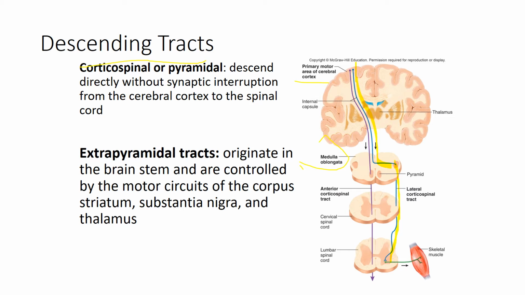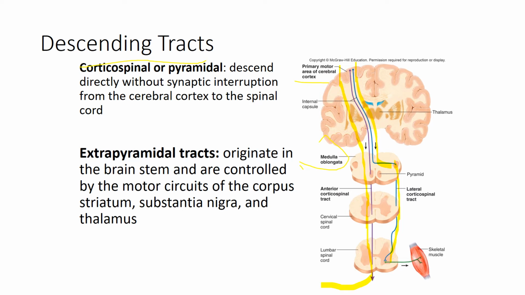Those that do not cross over in the medulla, so here in the purple what we have, these are going to descend and cross at the level of the spinal cord where the nerves are going to leave that spinal cord.